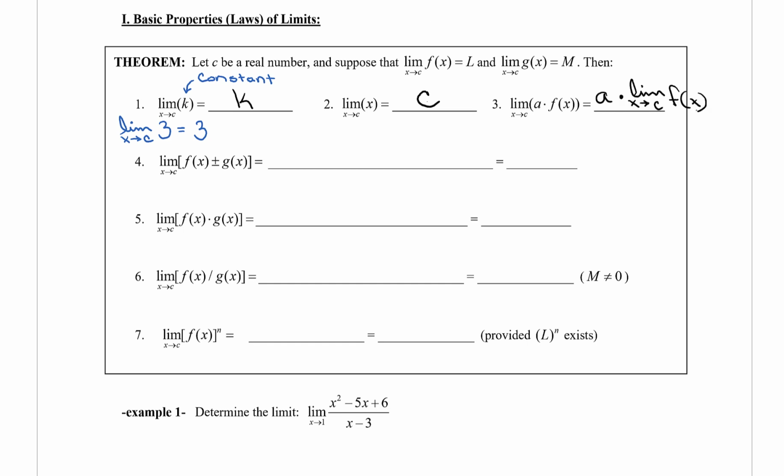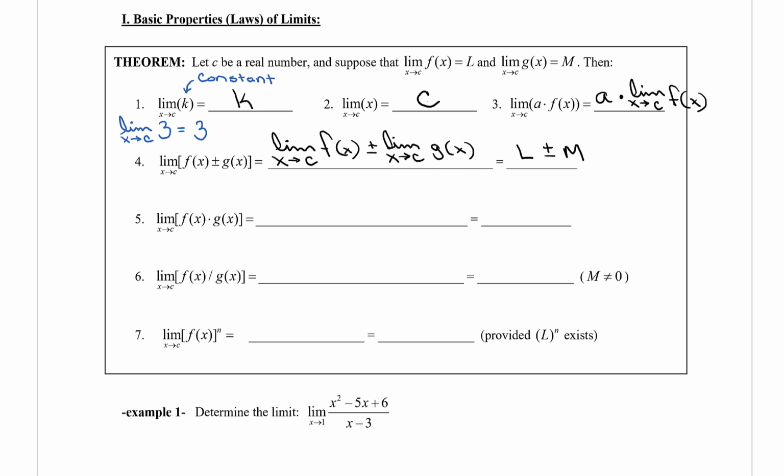Fourth property, we're going to have the limit as x approaches c of, open a set of square brackets, f of x plus or minus g of x, close the square brackets, and this is going to be equal to the limit as x approaches c of f of x plus or minus the limit as x approaches c of g of x. And this is equal to L plus or minus m.